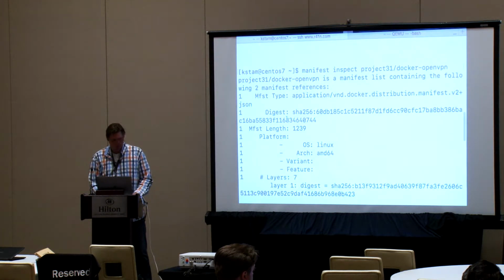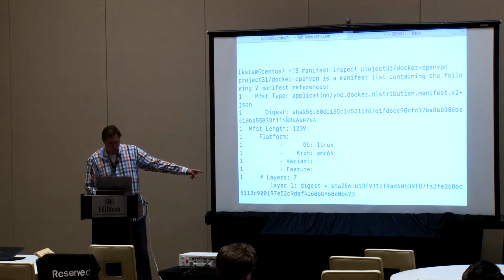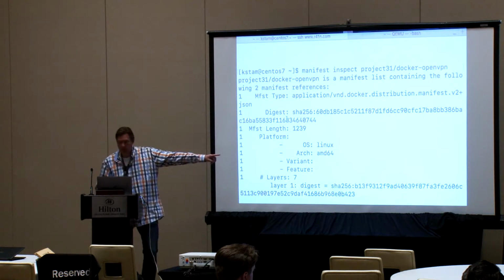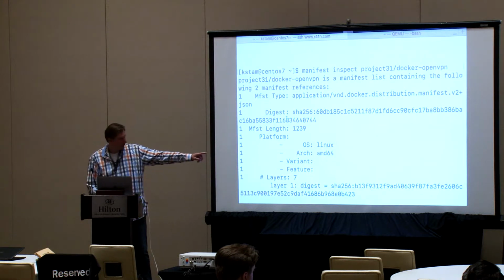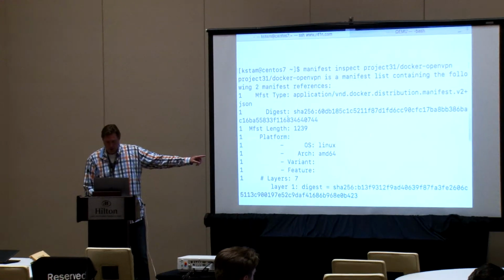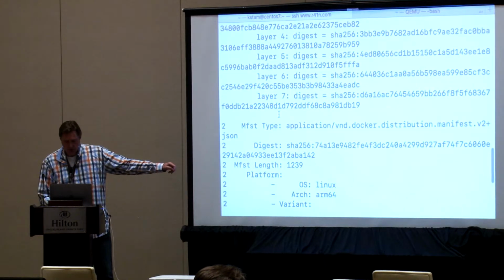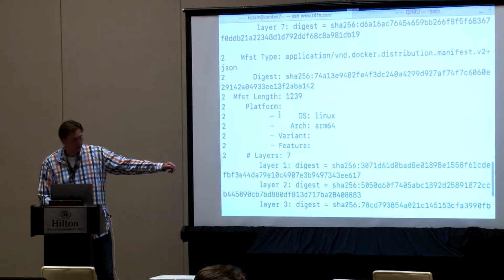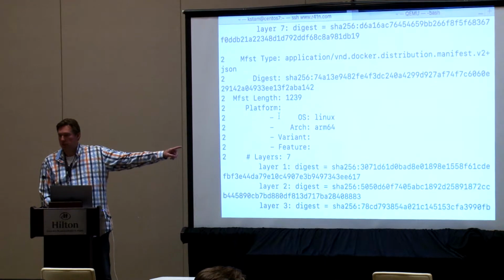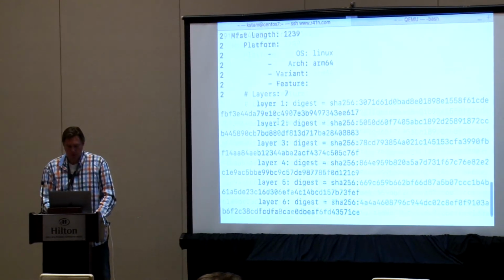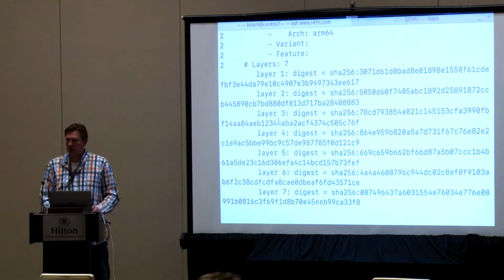So you see there's a whole bunch of ones. So that's architecture 1, and it references an ARM64 kernel architecture, right? And then if I scroll further down, there's a second set of layers here, with 2s in front of it. This is an ARM64 architecture. And so there's two different architectures in this manifest.